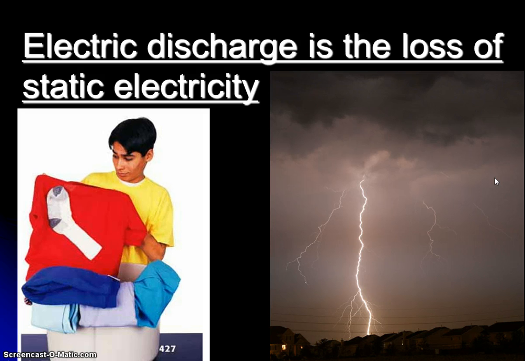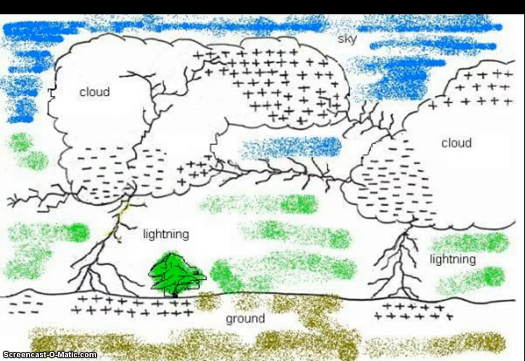So discharge, the loss of static electricity, right? Lightning is a form of electric discharge. So when you lose that charge, that's called discharge. And here we have your methodology for lightning.